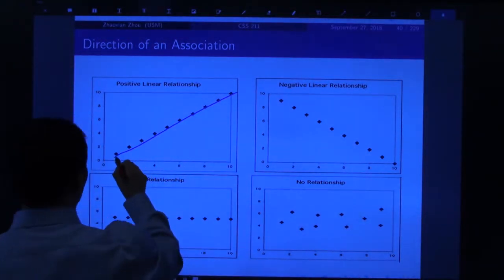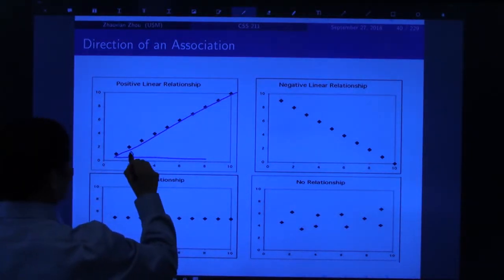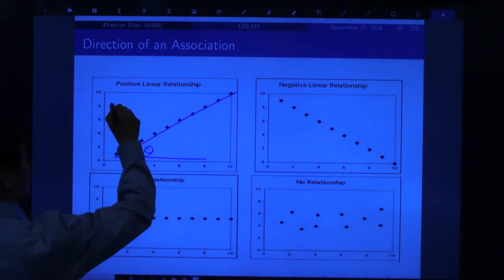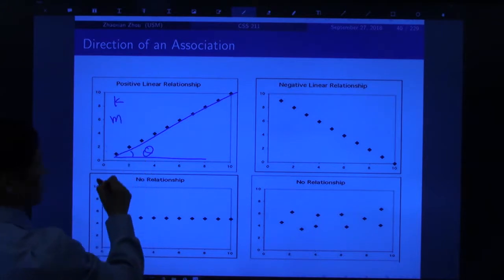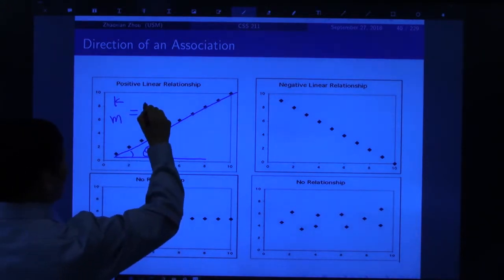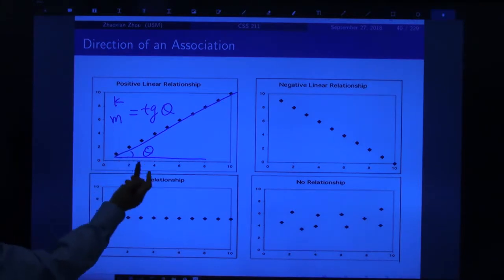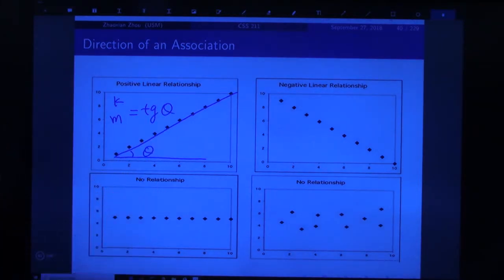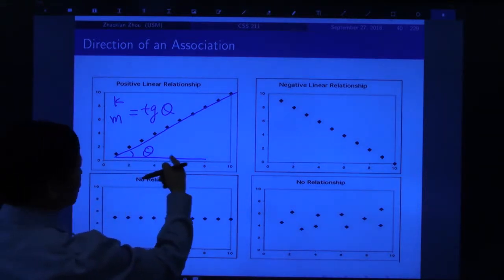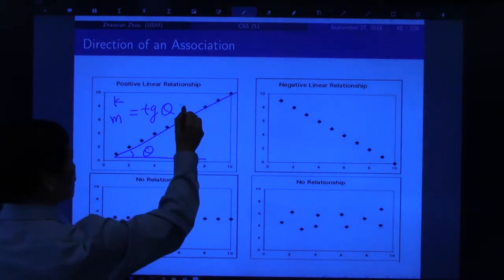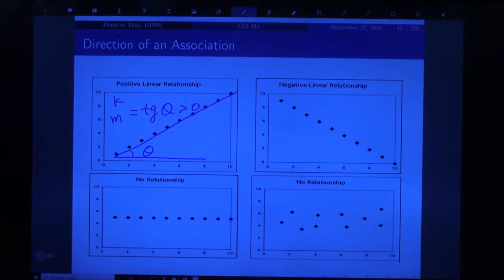We know this is a horizontal line, and there's an angle here. The slope, some people use k and some use m, doesn't matter, is defined by the tangent of this angle. If this angle equals 45 degrees, then the tangent of 45 degrees equals 1. Anyway, if this angle is between 0, horizontal, and 90 degrees, the slope is always greater than 0. So that is called a positive relationship.